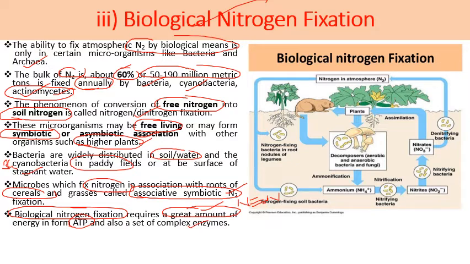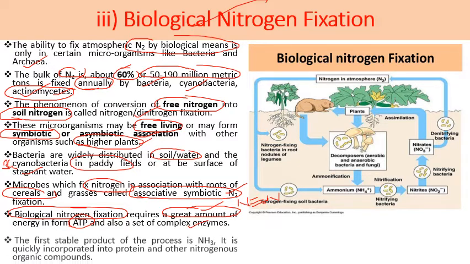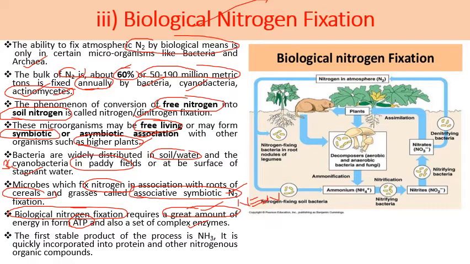The first stable product of the process is ammonia, and it is quickly incorporated into proteins and other nitrogenous organic compounds. The ammonia formed is immediately utilized by plants in the formation of proteins and other important nitrogenous organic compounds.